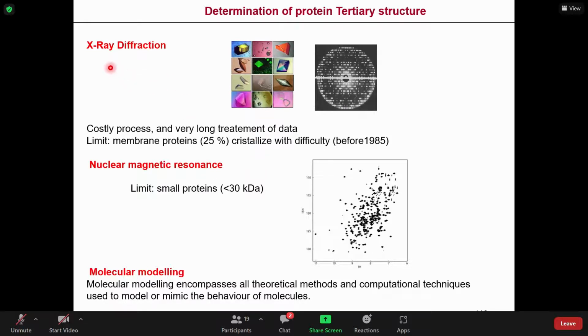If you cannot have X-ray diffraction or NMR, you can use molecular modeling. It's theoretical chemistry, computational techniques.